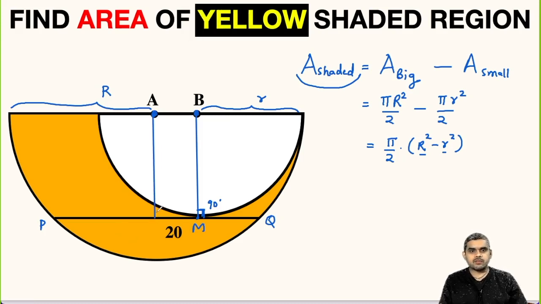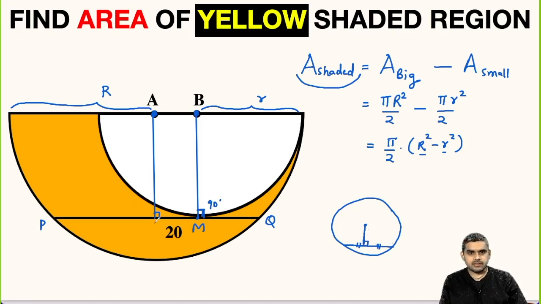So if we drop a perpendicular, we have a theorem that states that if we have a circle and this is the center, if we have a chord here, and from the center we draw a perpendicular on this chord, then this line bisects the chord. This is the median also.